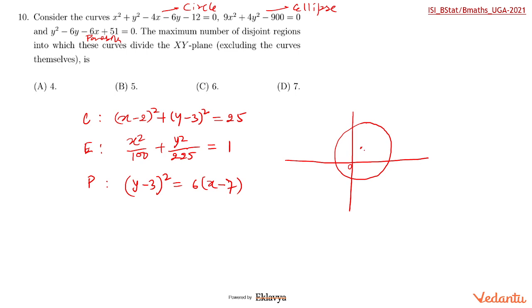This is 2, 3, and the ellipse has major axis length 15. So 15, this was 5. So this topmost point is adding 5, so it is like 8.